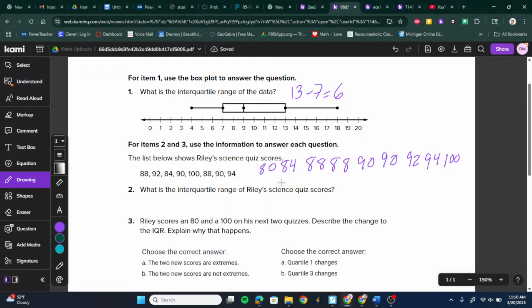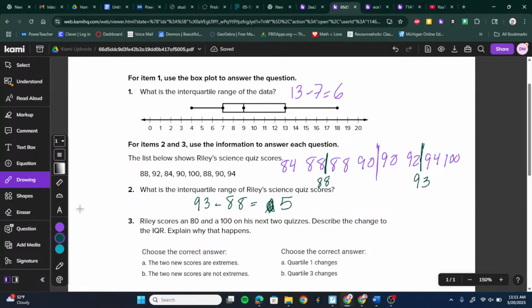Why do I have an 80? Oh, that's because of the next question. I didn't realize that early. So this is 8 numbers here. The middle of those 8 numbers is right here at 90. And then I need the middle of that, which is 88. So that's the Q1. And over here, the middle of this is 93. So Q3 is 93. So we got 93 minus 88. That gives us an IQR of 5.